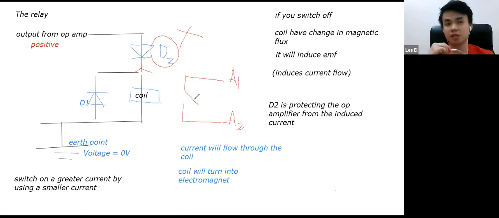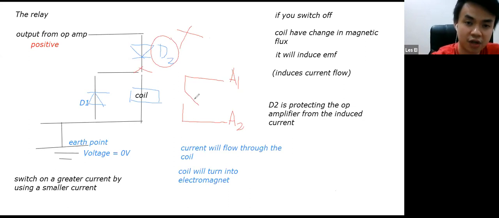Usually the current produced is relatively high, so it can damage your OP amplifier. So the D2 has another function. The first function I told you is to ensure the current flows from the OP amplifier downwards, not upward. This one is also to protect the OP amplifier.